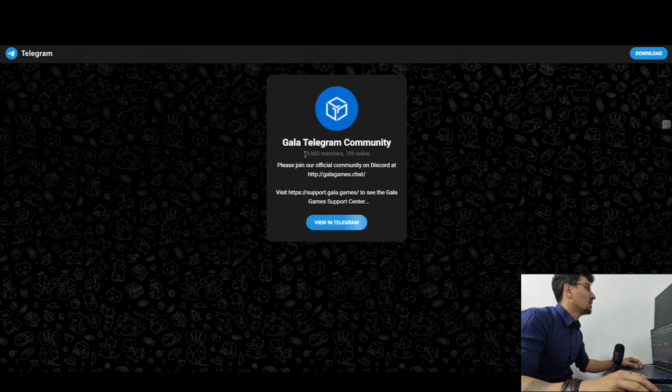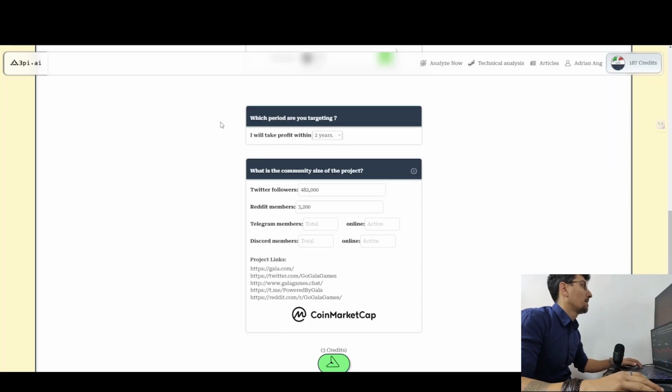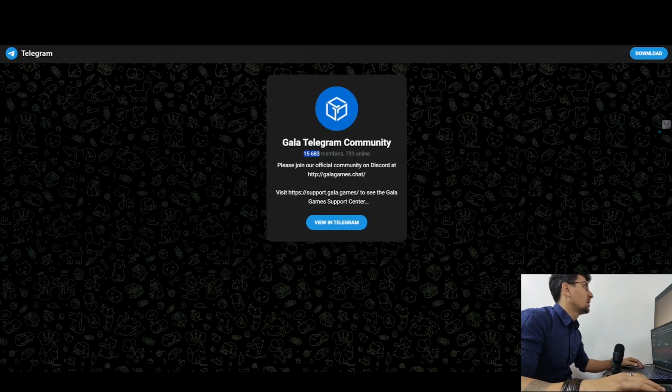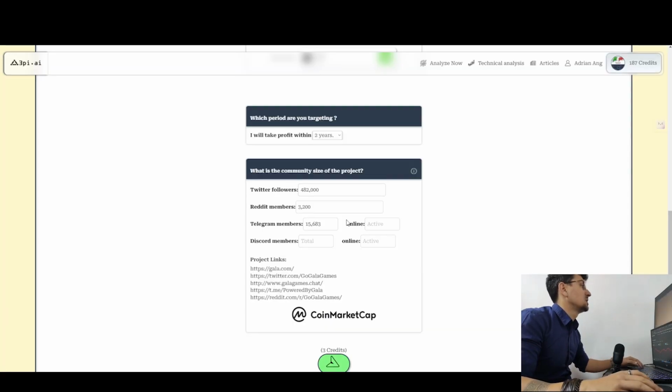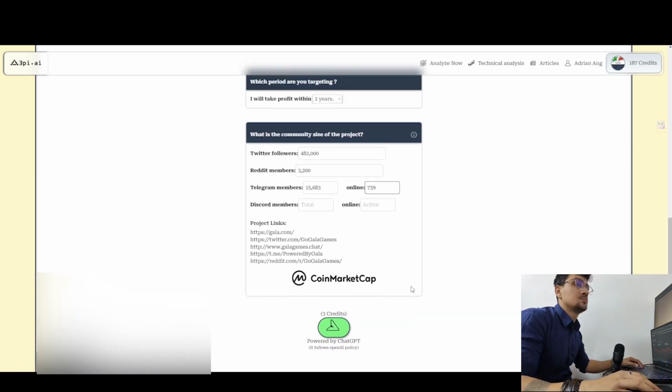Telegram, do we have a Telegram? Yeah, we do have a Telegram. Let me copy it here. Telegram online 739. What else? Discord, do we have Discord? I think we don't have Discord, so that's all the data we can put here.